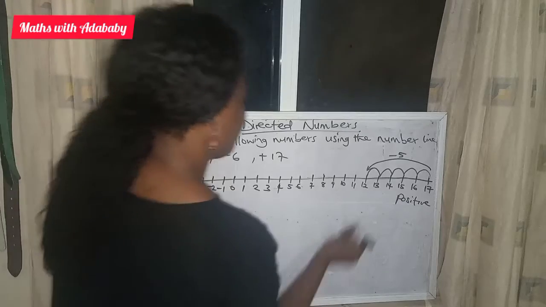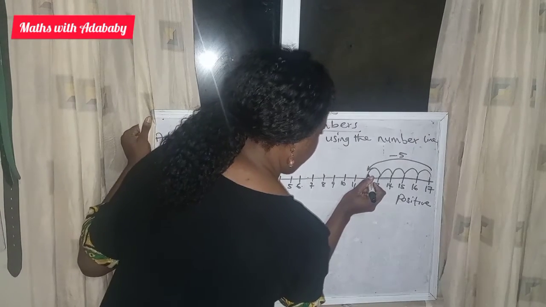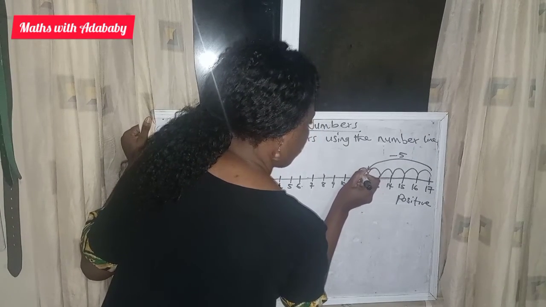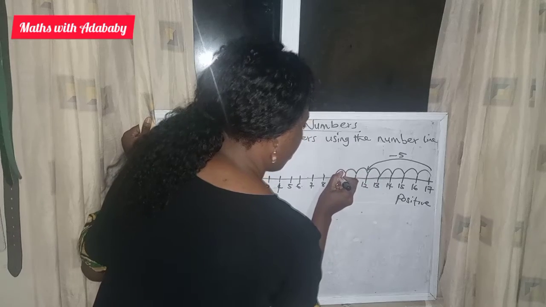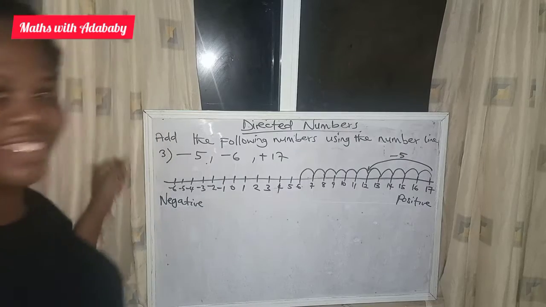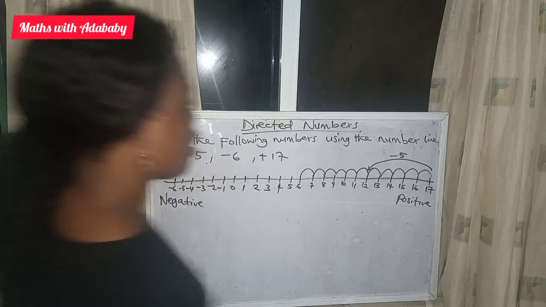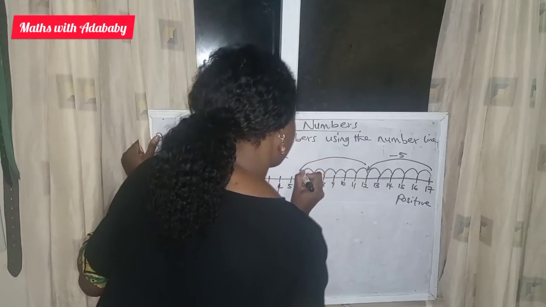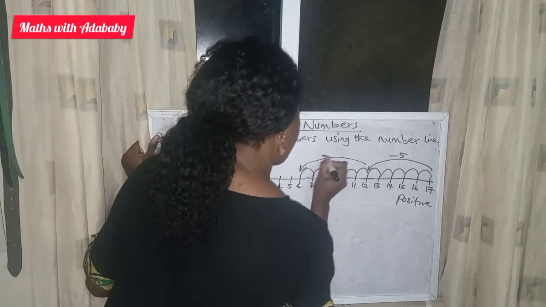Now, from where we stopped at minus 5, we will proceed to count minus 6, which is the least number in the exercise. We have 1, 2, 3, 4, 5, 6. So we have gotten to 6. So this represents minus 6.